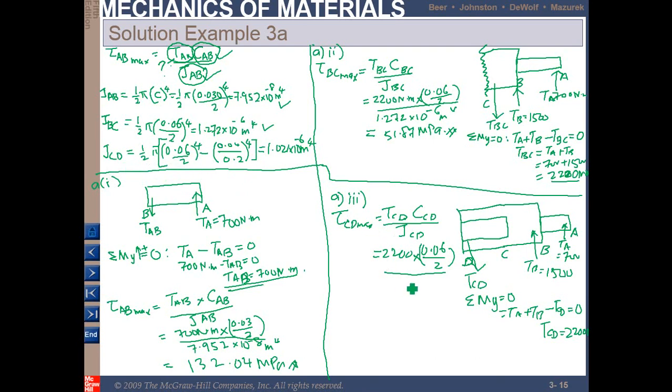We have calculated JCD, 1.02 times 10 to the power of minus 6 m4, and you get 64.64 MPa. I think this is 1.0121. Okay, so that is question A for this problem.